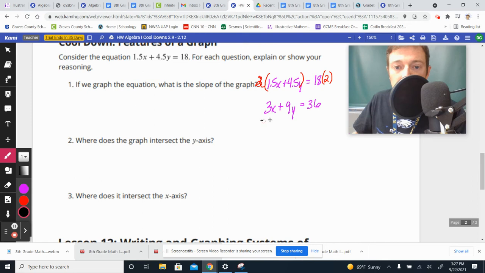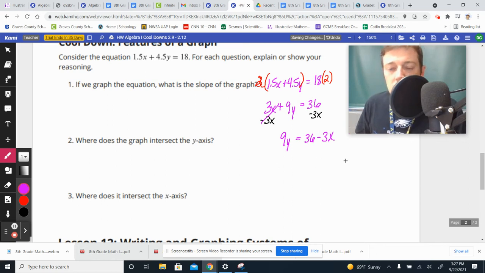So a way to do that is to subtract 3x from itself and subtract 3x from the other side. And what that leaves me with is 9y, because these cancel and make nothing. And on the other side, it's 36 minus 3x. So this is where I've landed after my first step.